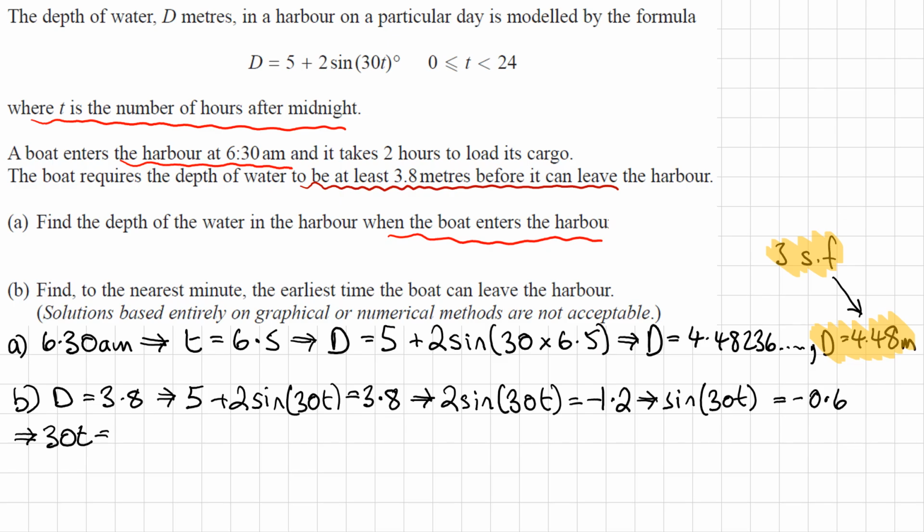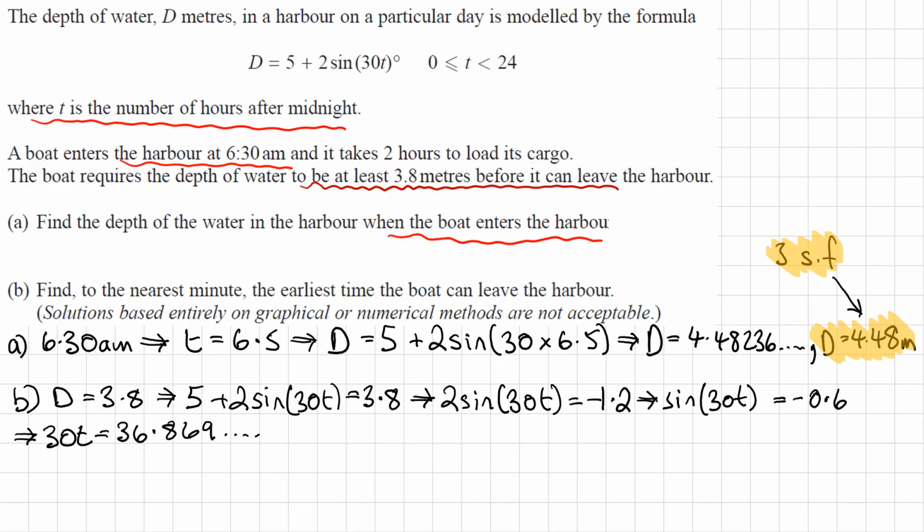Sine inverse of negative 0.6. Make sure you're in degrees, because we've got the degree symbol there, and that gives us a principal solution of negative 36.8698. I'll just do the first 3 decimal places.